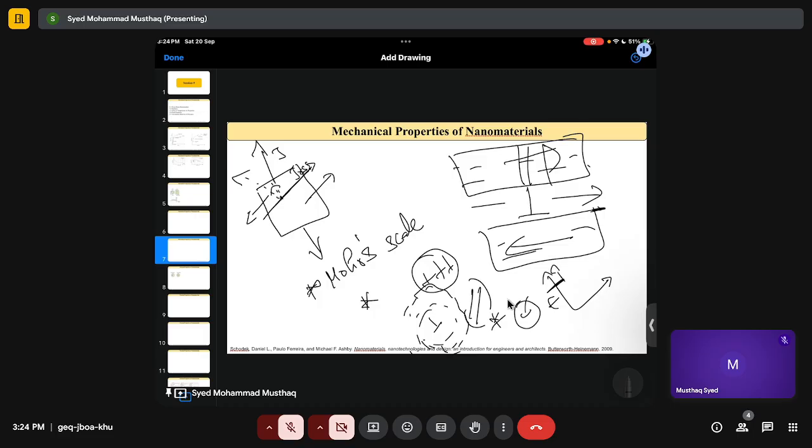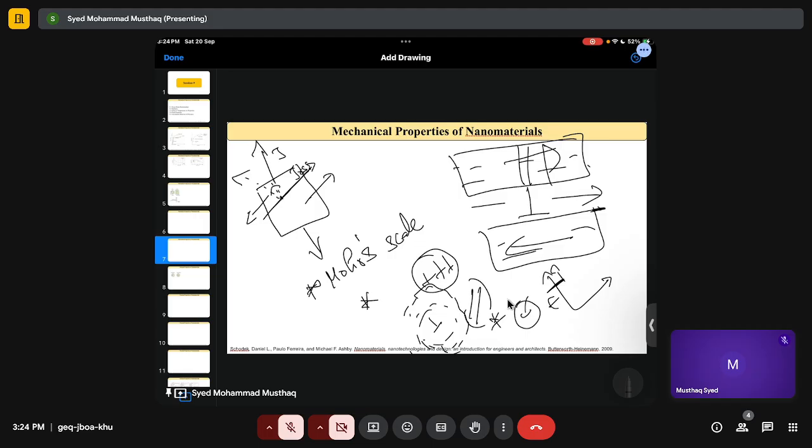If that is the case, then the system will not take it. It will just reject that energy. So that's why you will not find defects. You might find vacancies, but finding dislocations in nanoparticles and CNTs is not possible, right? Because the particles are so small, you cannot find dislocations.